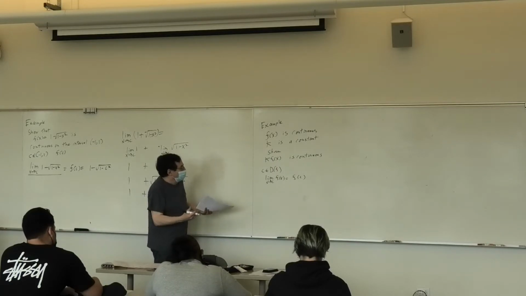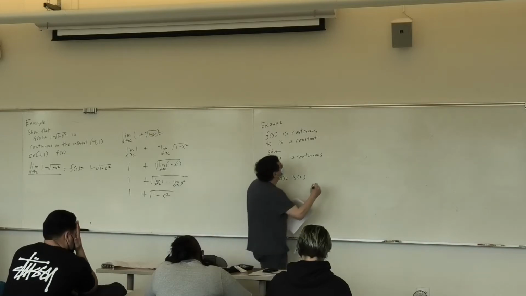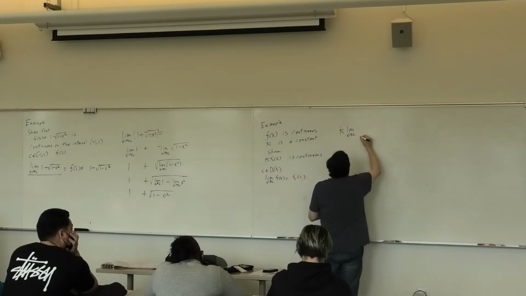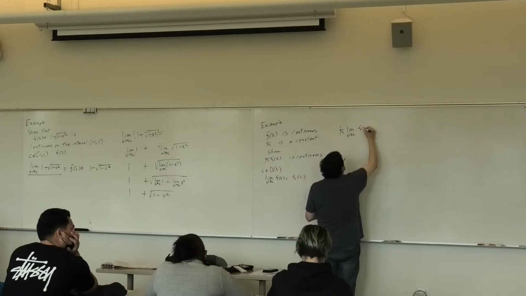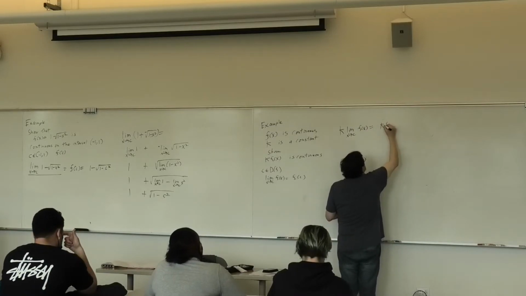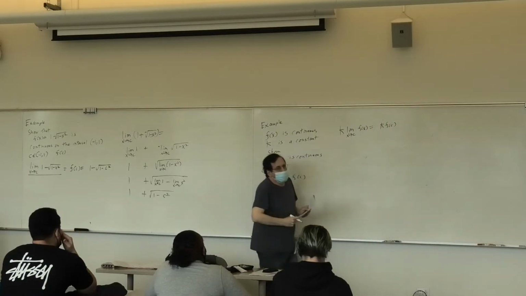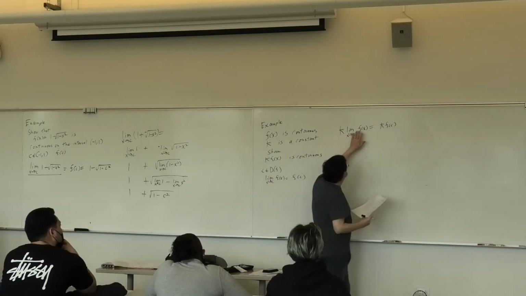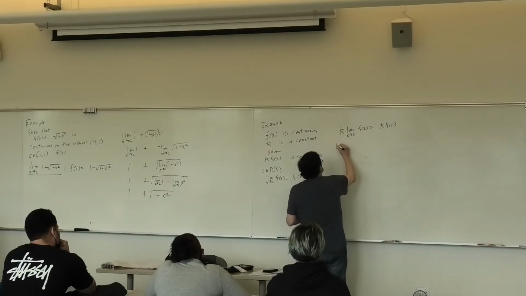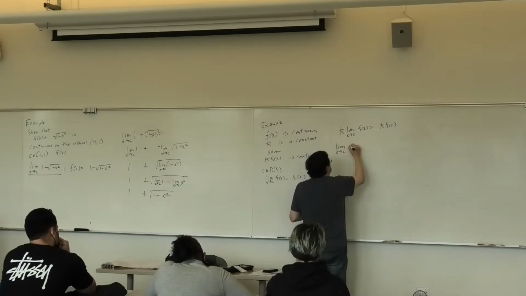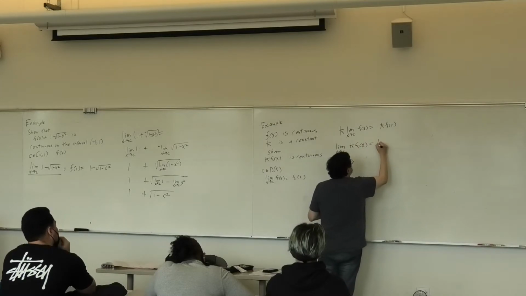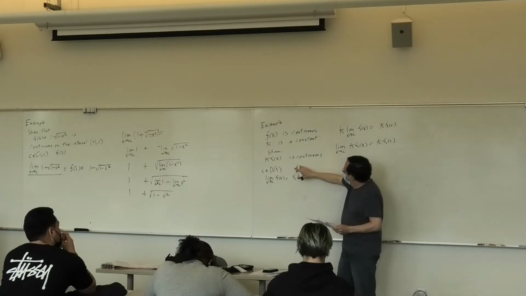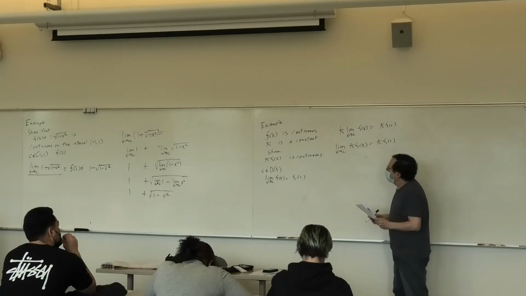So we can certainly multiply both sides of this by k. But then we have a limit law that says k times the limit of this function is just the limit of k times the function. And this shows you that k f of x is continuous.